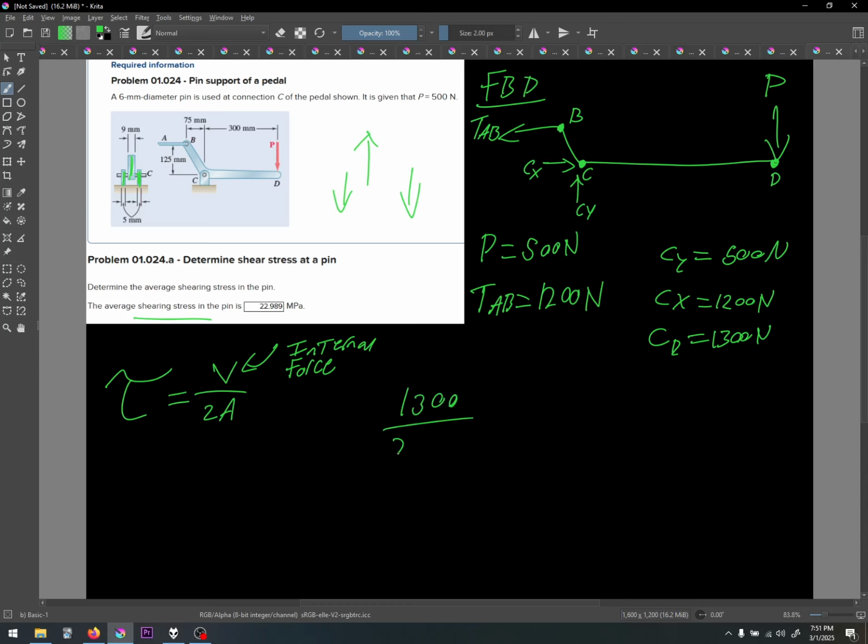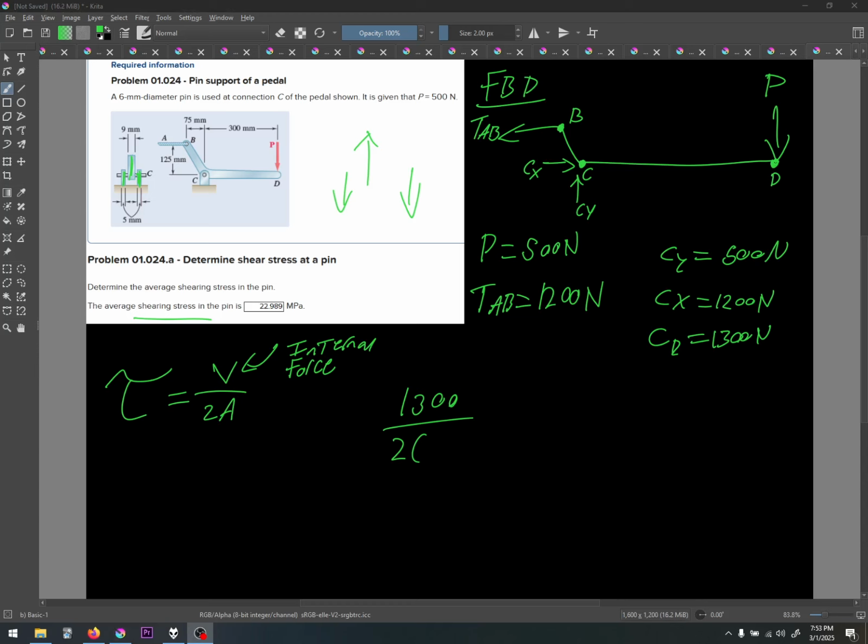1,300 divided by 2 times, well, what's our area? Cross-sectional area. We're not given. We only know the thickness. Let me look at my notes again. I take it back, I found it. We're given the diameter.